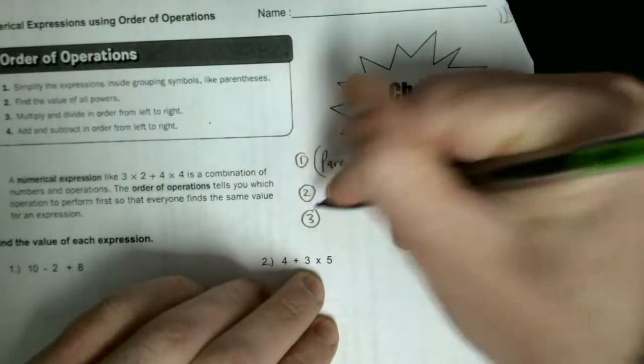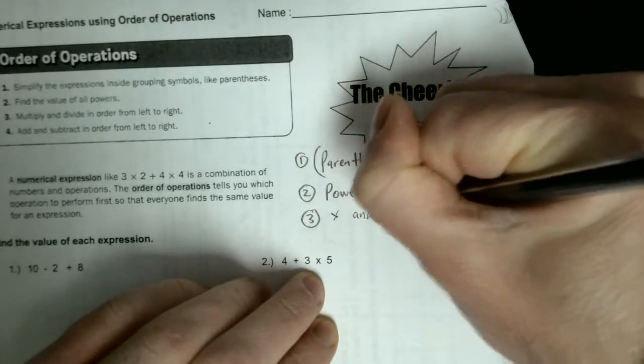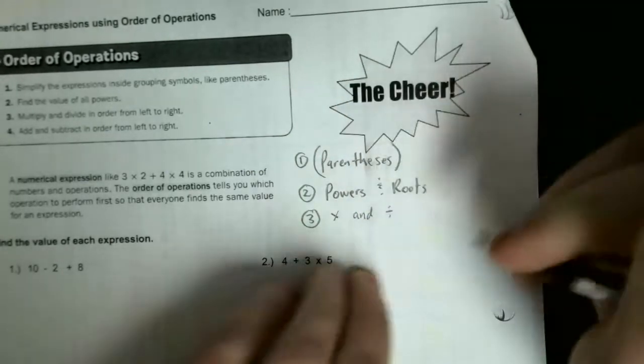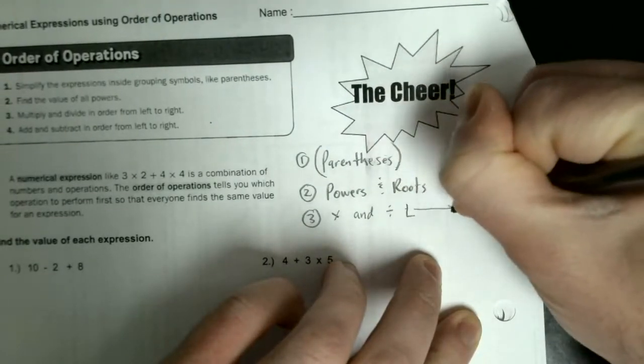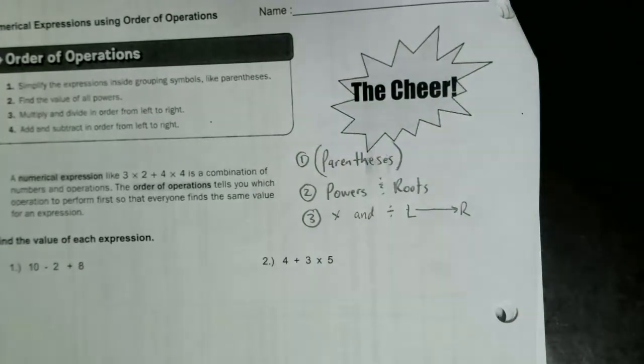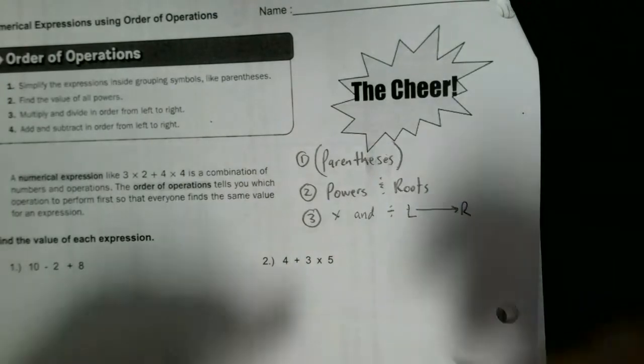Third thing, multiplication and division. We're looking for both at the same time. And we're going from left to right. We're starting from the left, just like you would as you would read something. You're going left to right.